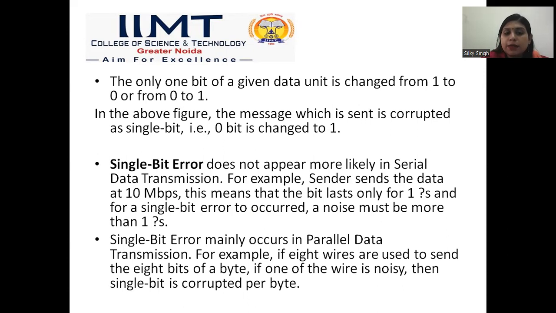Single bit errors mainly occur in parallel data transmission. For example, if eight wires are used to send the 8 bits of a byte at the same time, and one wire is noisy, then a single bit is corrupted per byte. That is a single bit error.